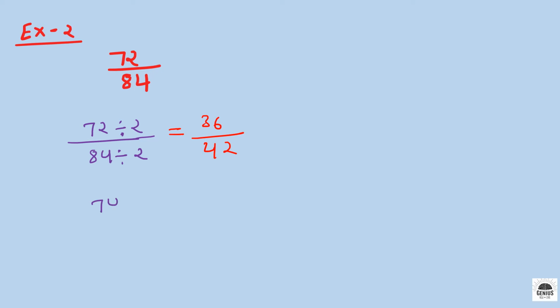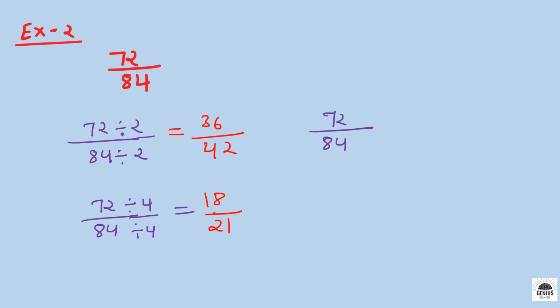Now the second common factor of 72 and 84 is 4, so we will divide by 4. So we will get 18 by 21. So 18 by 21 is also an equivalent fraction of 72 by 84. Now the next common factor of 72 and 84 is 6, so we can divide by 6 to get an equivalent fraction.